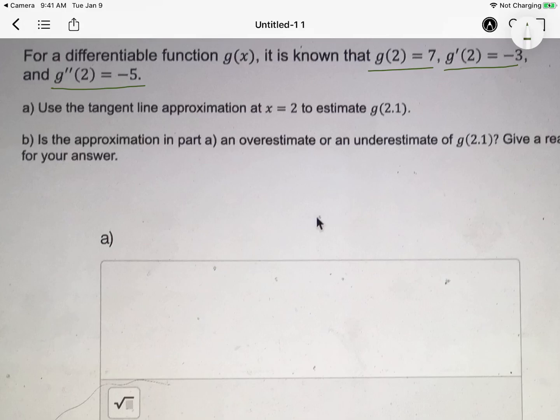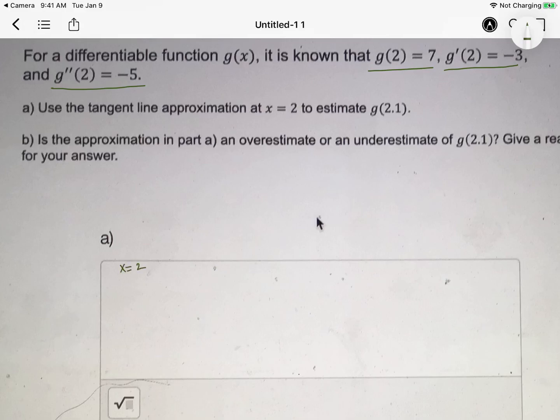So part A wants me to use the tangent line approximation at x equals 2 to estimate g of 2.1. So I'm going to write an equation of the tangent line using x equals 2.